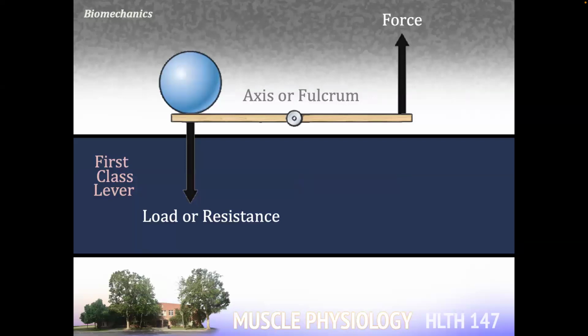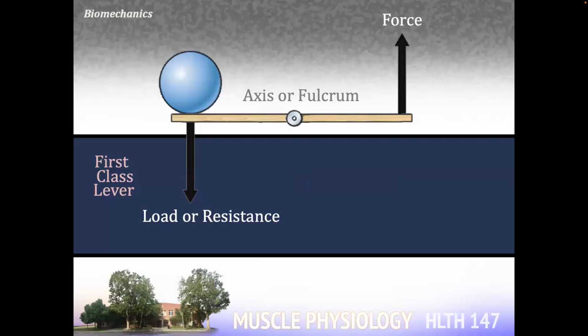Again, first class can either have a mechanical advantage or disadvantage. In this case, the load and force are about equidistant from the fulcrum, so it's not really an advantage or disadvantage. Maybe the muscle's a tiny bit farther away, and if that's the case, then there would be a mechanical advantage here. But move that ball a little bit, and you'll change the moment arm of the load.